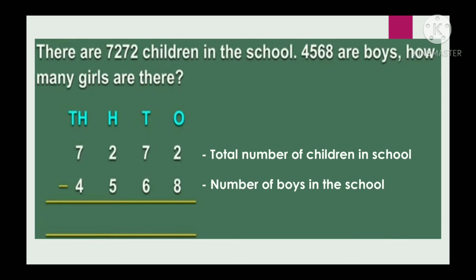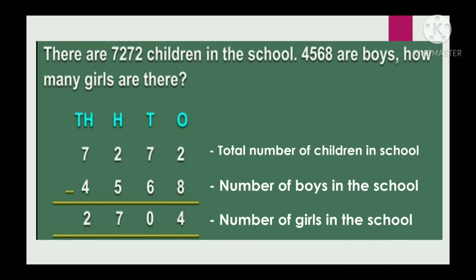Now, second thing given is number of boys in the school. So, we will write as a statement number of boys in the school is equal to 4,568. Now, we have to subtract, and after subtracting, we get 2,704 as the number of girls in the school.